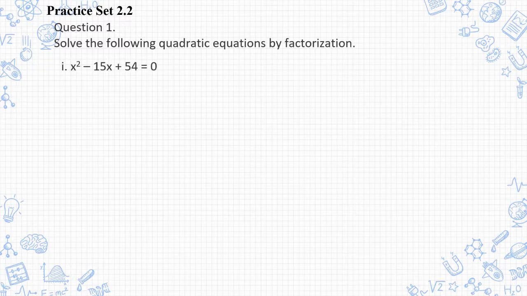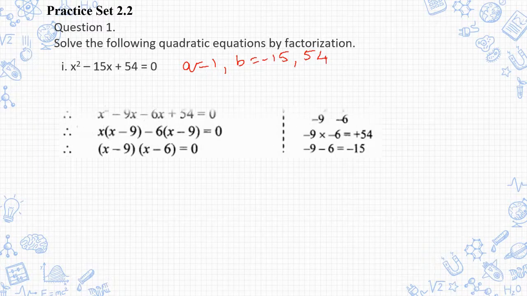Now, if we compare this with the general form of the quadratic equation, a will be the coefficient of x squared, that is 1. B, that is the coefficient of x, is minus 15. And c, that is the last constant term, is 54.